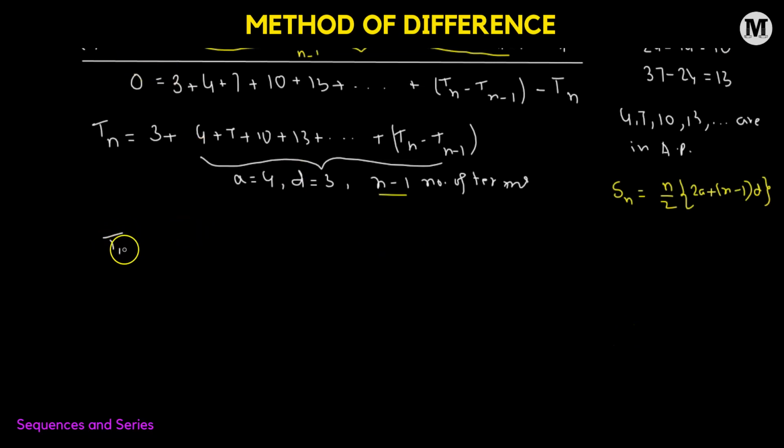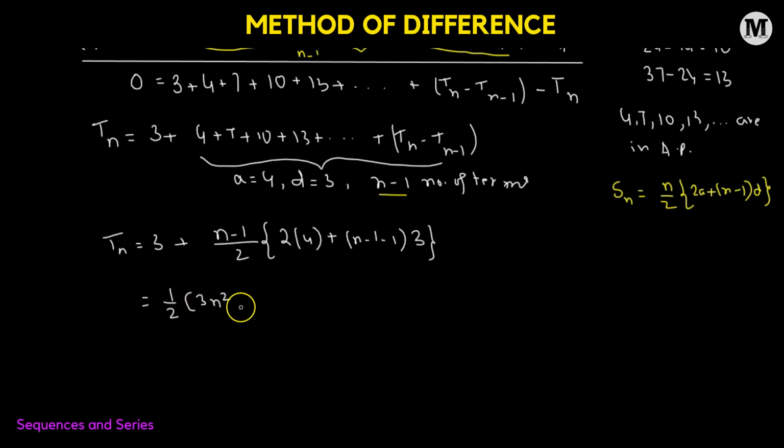We have Tn equals 3 added to the sum of the arithmetic series, given by n minus 1 over 2, multiplied by 2 times the first term added to n minus 1 times the common difference, which is 3. When we simplify this, which I'm leaving as an exercise, it's very simple algebra, this is going to leave us with 1/2 multiplied by 3n squared minus n added to 4. So this is going to be the nth term of the series.